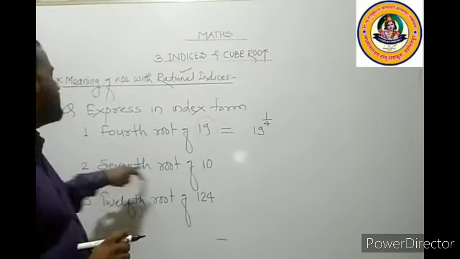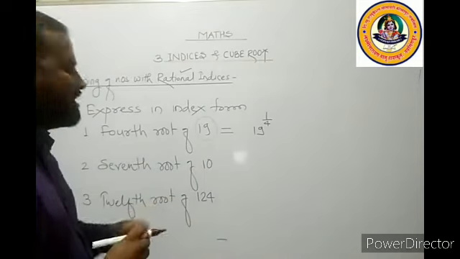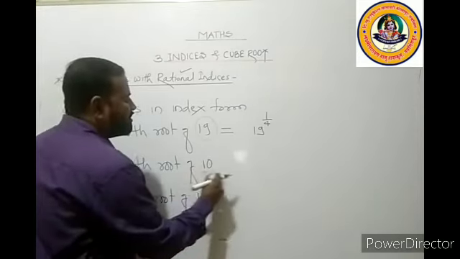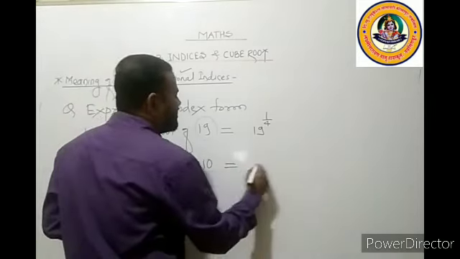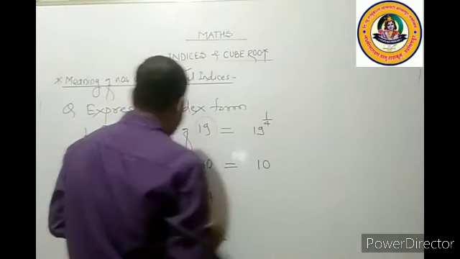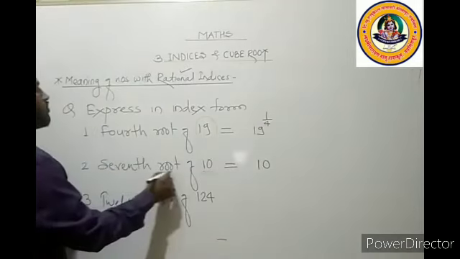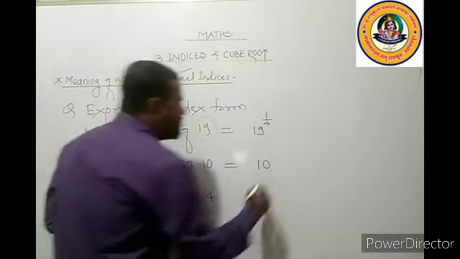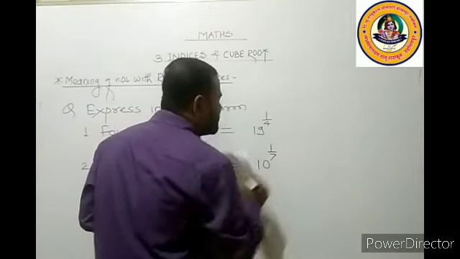Second, seventh root of 10, that means 10 is a base. We write 10 as a base, and the index is for the seventh root, that is 1 by 7.